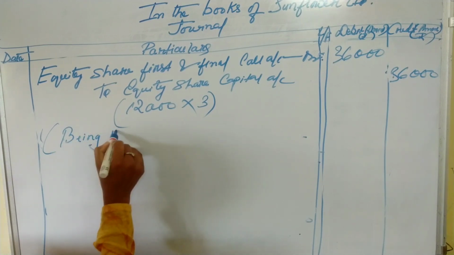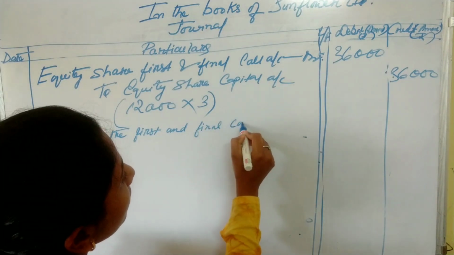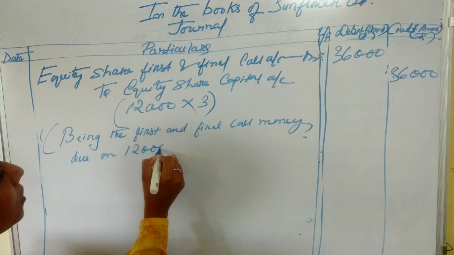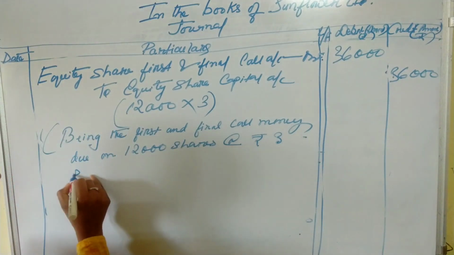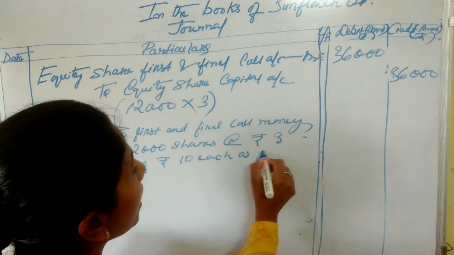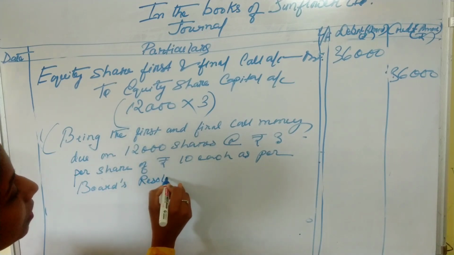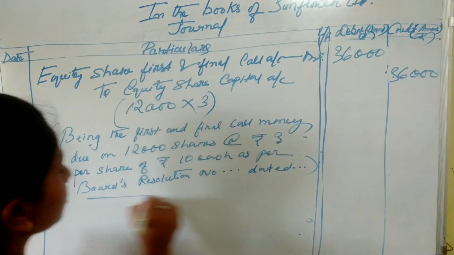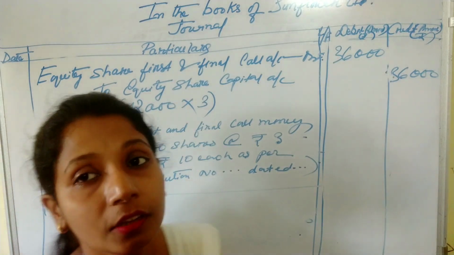Being the first and final call money due on 12,000 shares at the rate of rupees 3 per share of rupees 10 each as per board's resolution number ... not given in the question, so we are putting dots, resolution number ... dated ... So see, this is the due entry of first and final call.